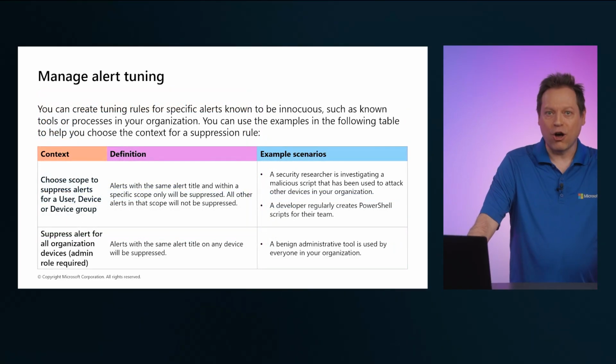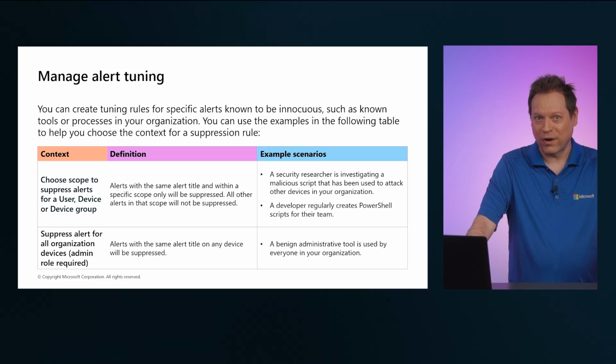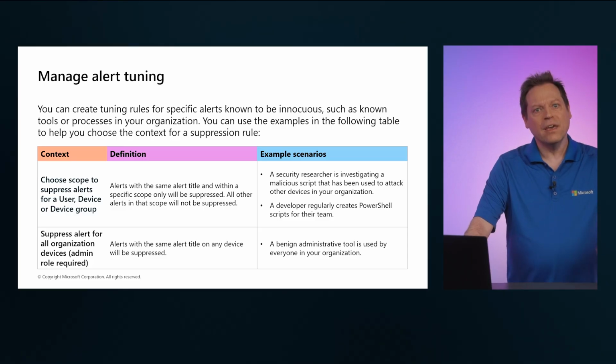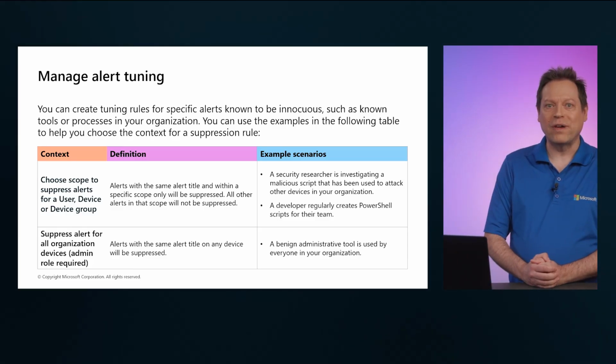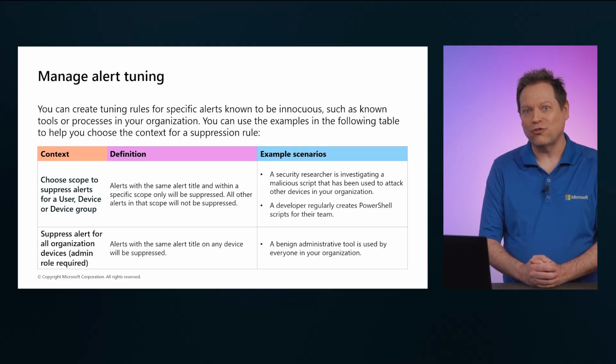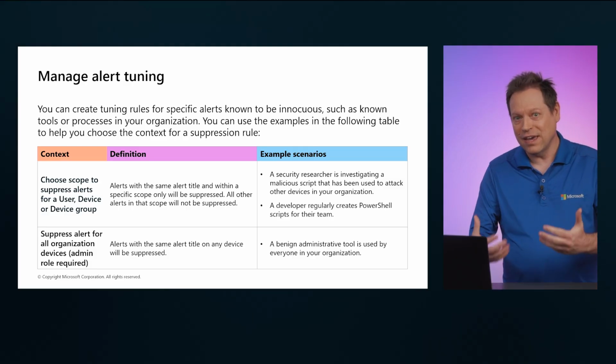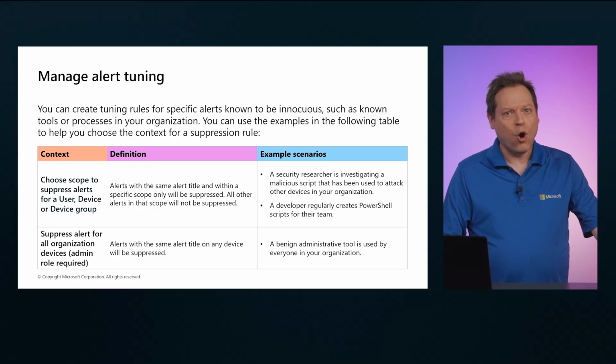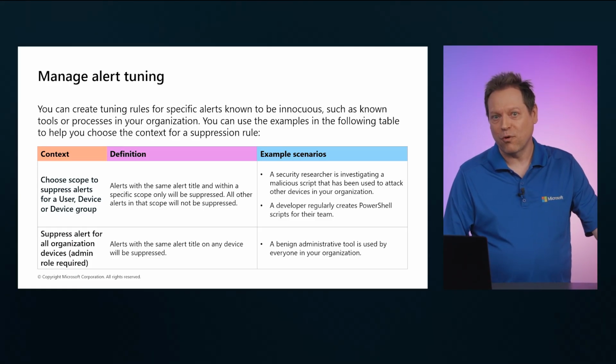Not every alert represents a real risk, and alert tuning helps you reduce noise without losing visibility. Here, we explore how to create tuning rules for alerts that are known to be benign in your environment, such as internally developed tools or common administrative processes.